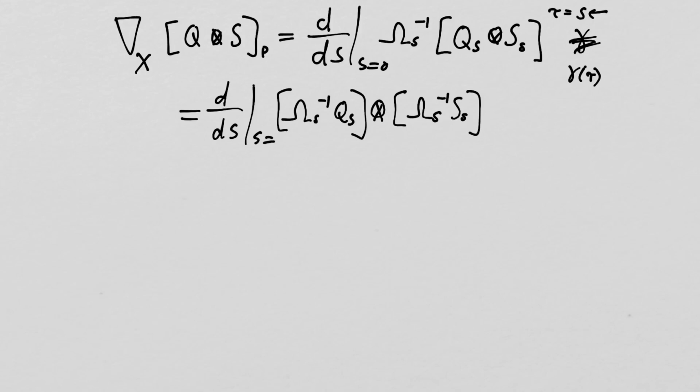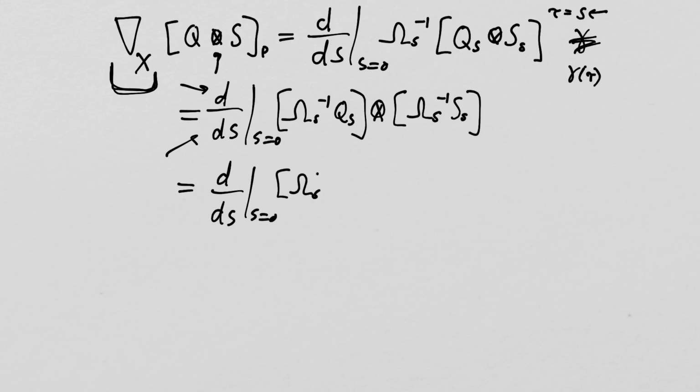And now we're dealing with an ordinary derivative, right? Here we're wondering what's the behavior of this covariant derivative in the direction of X vis-a-vis the tensor product operator. But this is a regular derivative, and we know that that's Leibniz. So we now write this down as d ds, evaluated at s equals 0, of S inverse QS, tensor product.